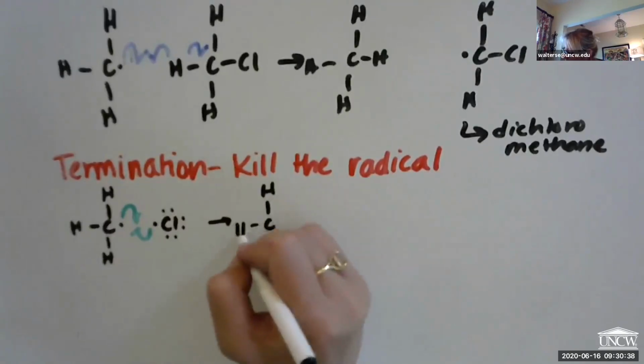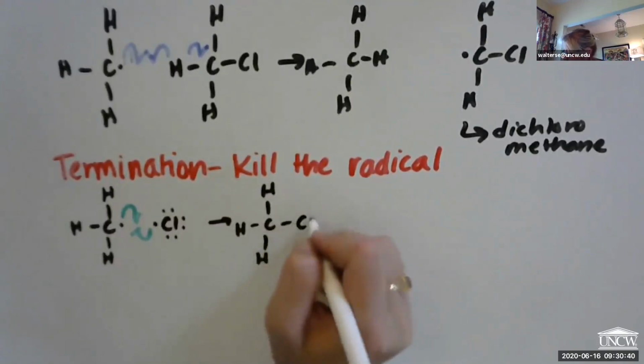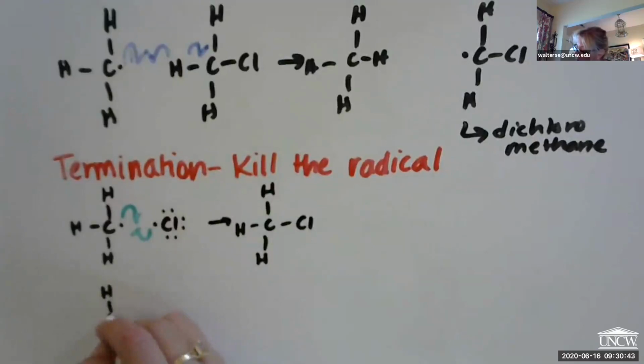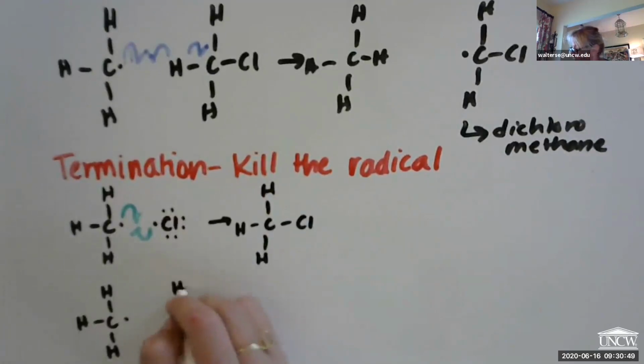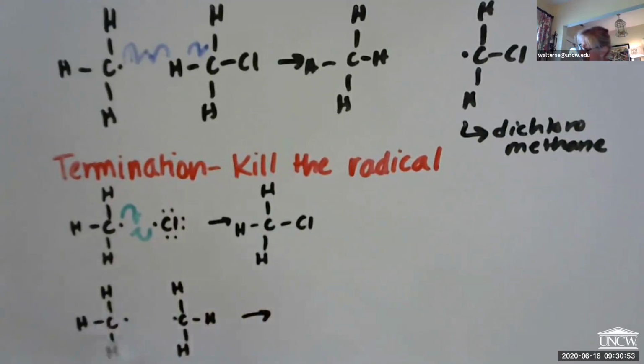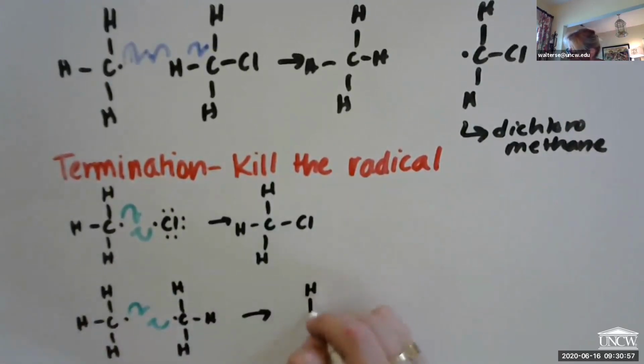That would kill the radical. But you could also have this methyl radical meet another methyl radical. And you would end up making ethane.